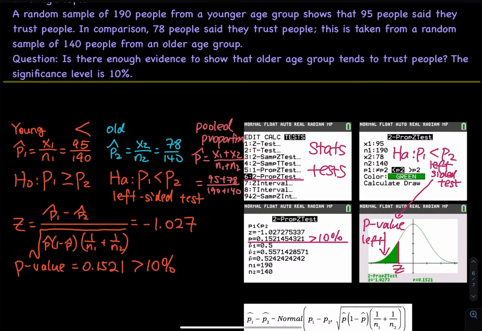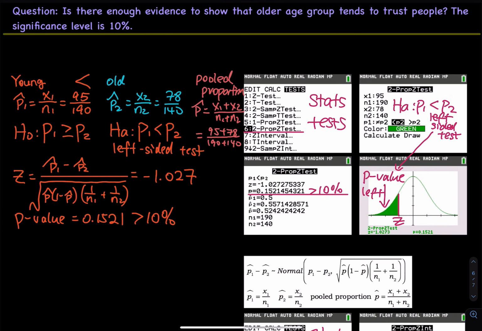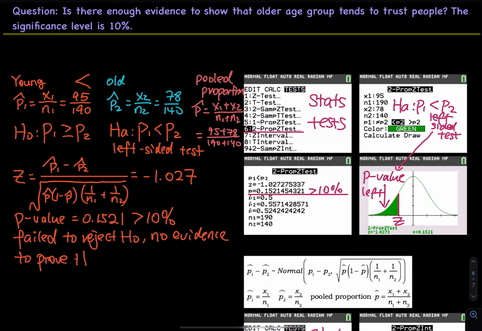And then let's write the conclusion. So since the p-value is greater than alpha, then we fail to reject H0. So that means no evidence to show HA is true, so no evidence to prove HA is true. That means we are not able to get to HA.